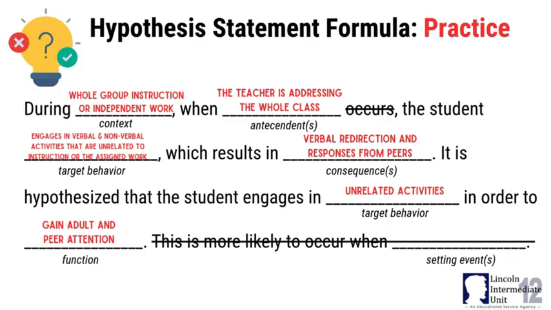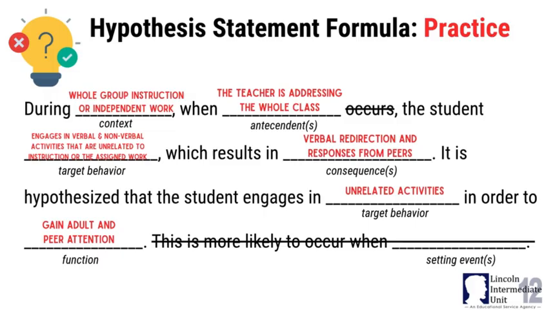That was the target behavior, which results in verbal redirection and responses from peers. That's the consequence. It is hypothesized that the student engages in unrelated activities. Again, that's a short summary of the targeted behavior in order to gain adult and peer attention. And you notice we've removed the setting event because there wasn't one that was determined for Liam.